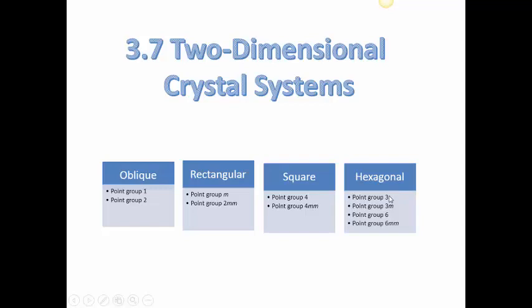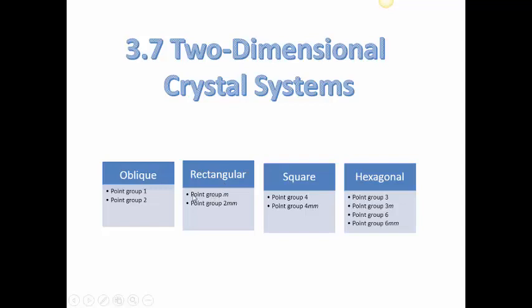Hexagonal contains 3, 3m, 6, and 6mm, that is 3 folds and 6 folds, and the rotation axes are going to be 120 degrees and 60 degrees. The square crystal system has point groups 4 and 4mm, and that will have a 4-fold rotation axes in both of those point groups.